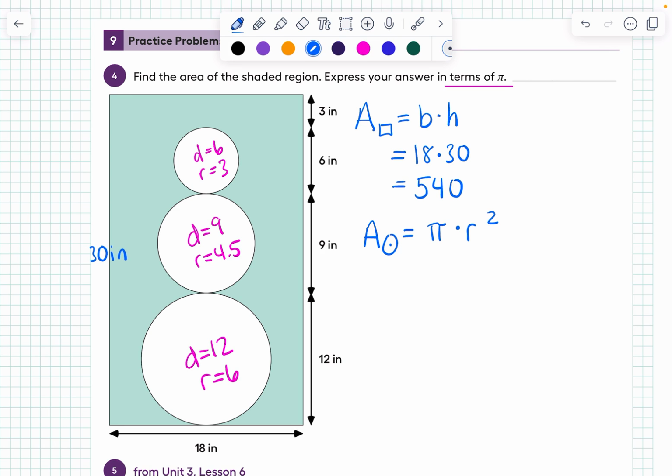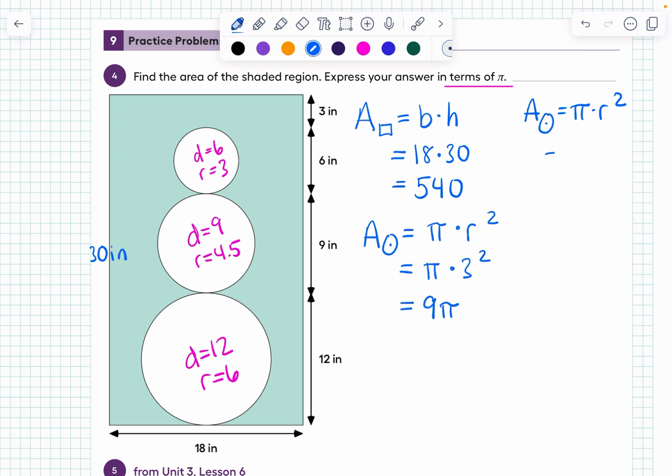So I'm going to have equals pi times 3 squared. 3 squared is 9, so my answer for this is 9 pi. That's for the first circle.